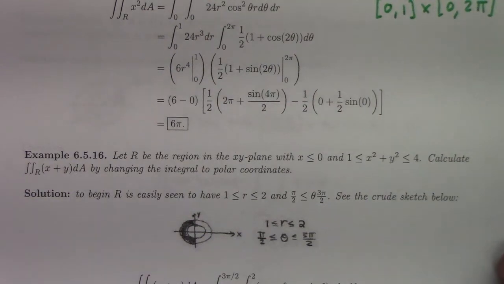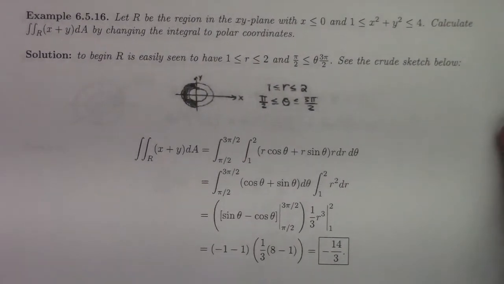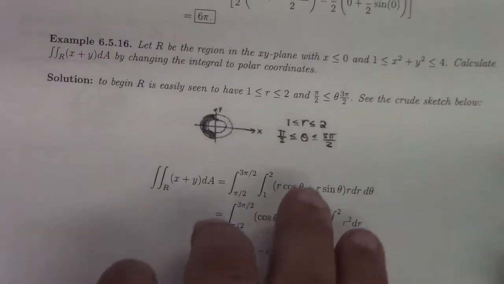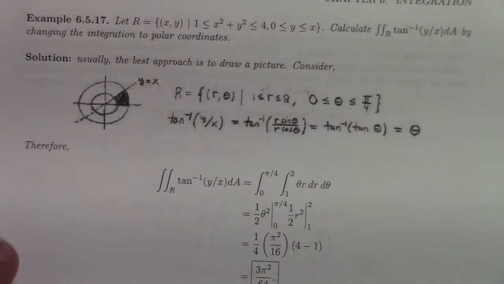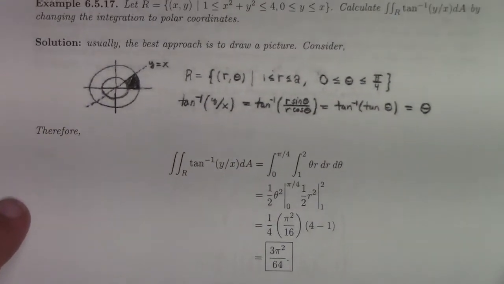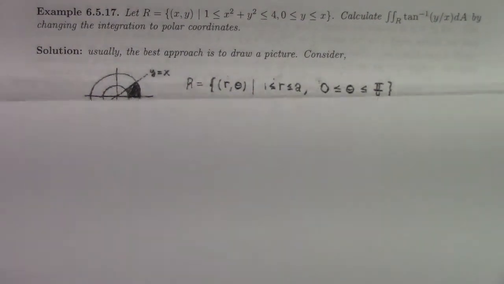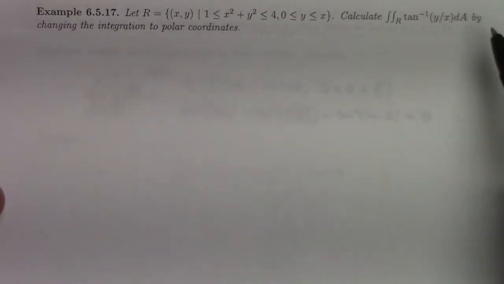The next example is pretty much like ones I've already looked at here, so I'm going to go on. And this one's a little bit more interesting. So here we have the integral of inverse tangent of y over x.